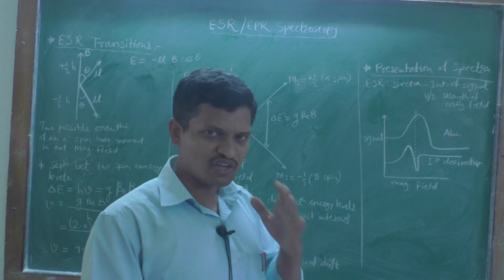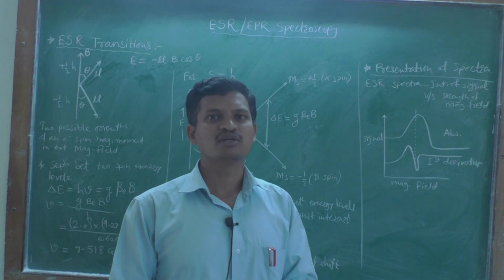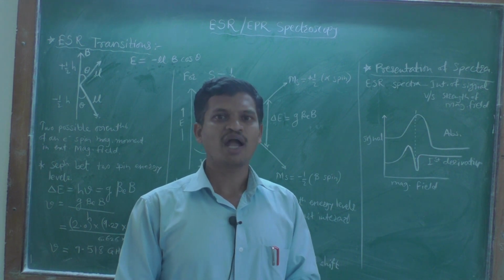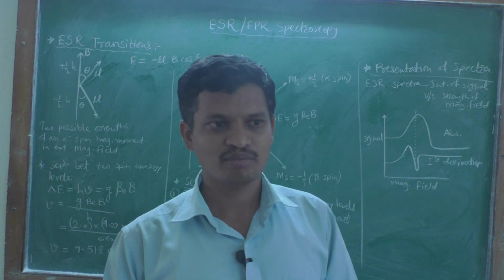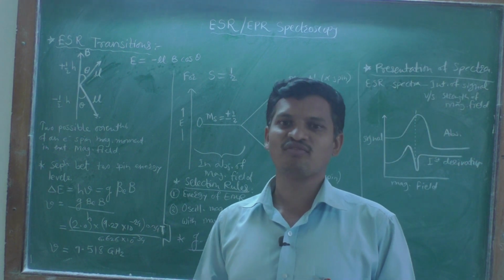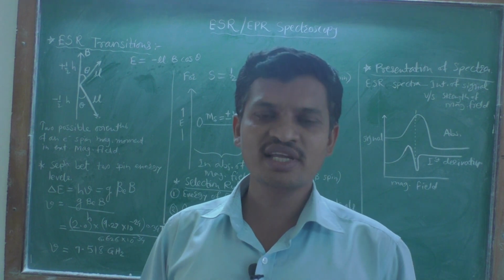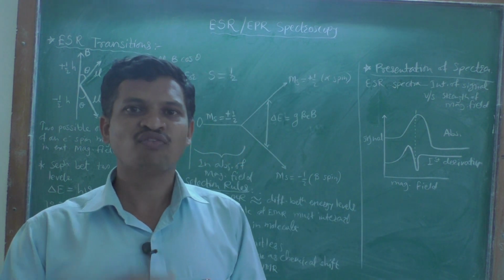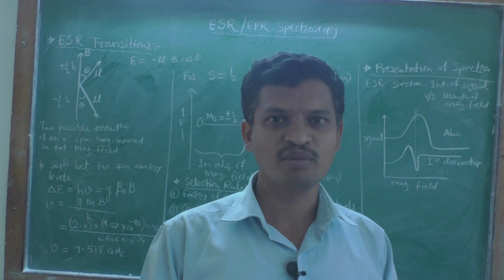So it is very difficult to measure these values experimentally, and hence, to minimize errors in the measurement of ESR signals, it is generally advised that the first derivative of these absorption peaks be measured.